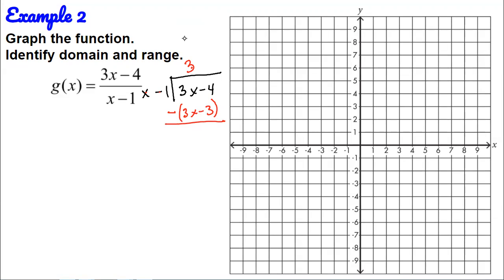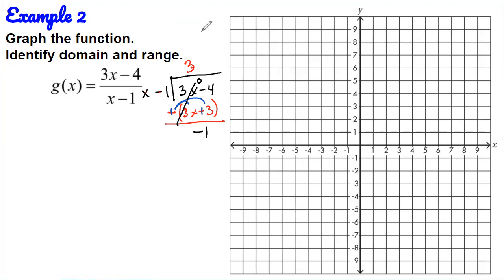I'm going to distribute that negative sign. So I now have negative 3x plus 3. Let's simplify. We have 3x minus 3x, which goes to 0. Negative 4 plus 3 gives me negative 1.